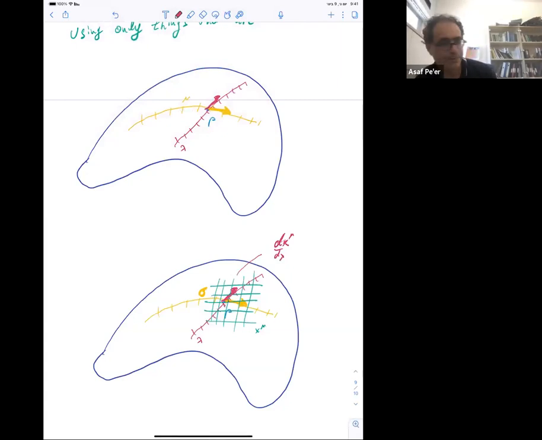So I can think of it as a set of n numbers, so this belongs to Rn.